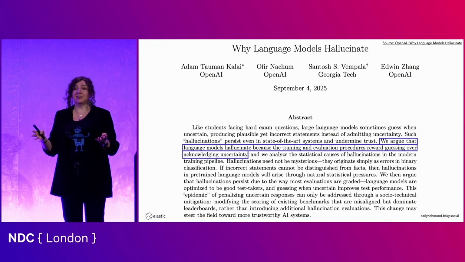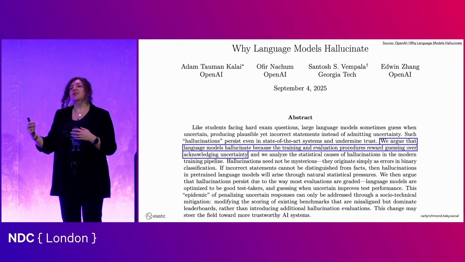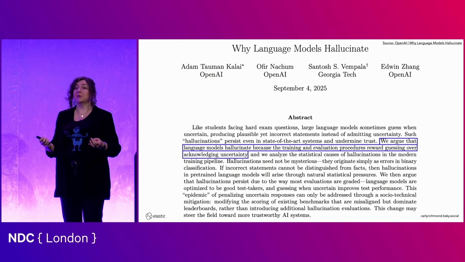So everyone's had an example, as we saw with the quick poll of hands, where it said something wrong. They've been incentivized to do this, to give us an answer at all costs, and therefore we shouldn't be surprised that sometimes they're going to come out with information that's not quite there.